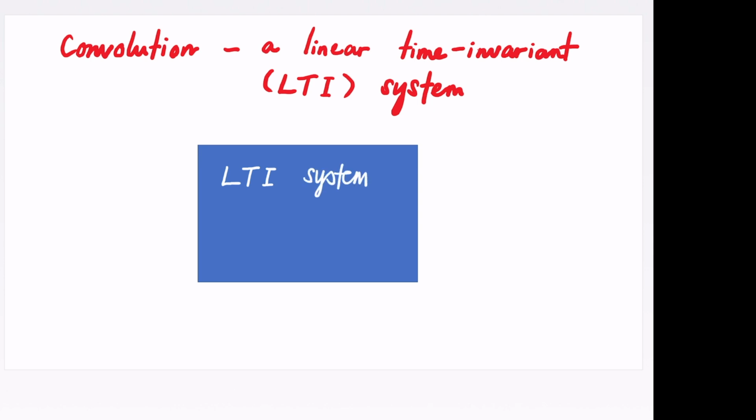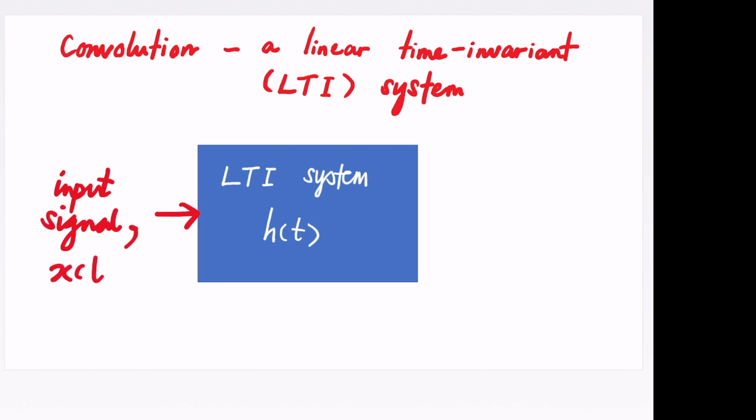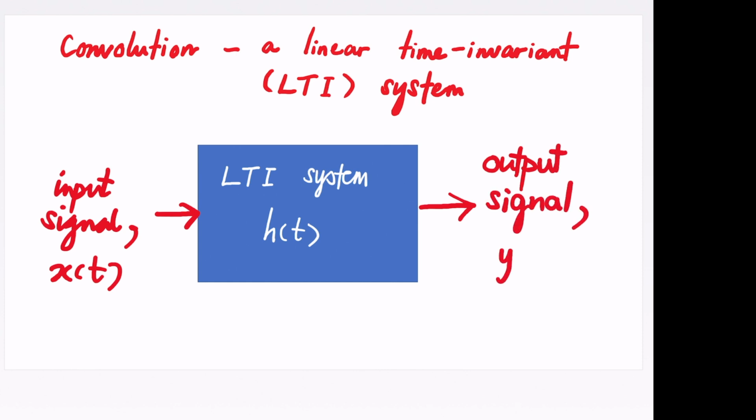The blue box in this figure represents a linear time invariant system which has an impulse response h(t), an input signal x(t), and an output signal y(t).